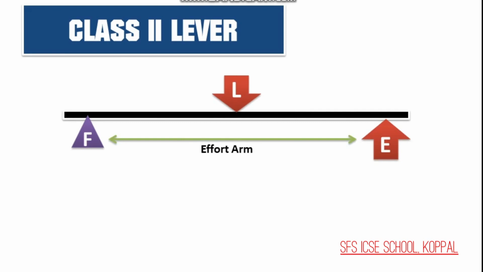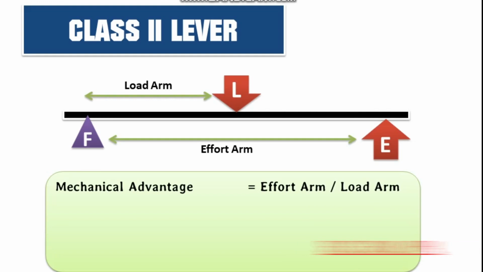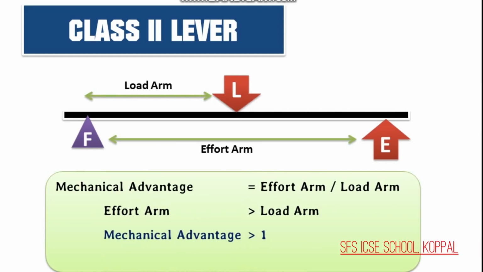Effort arm is the distance between fulcrum and the effort. And if effort arm is more than load arm, what will be its mechanical advantage? Mechanical advantage will be always greater than 1 because mechanical advantage is equal to effort arm divided by load arm, and as effort arm is greater than load arm, mechanical advantage is greater than 1.